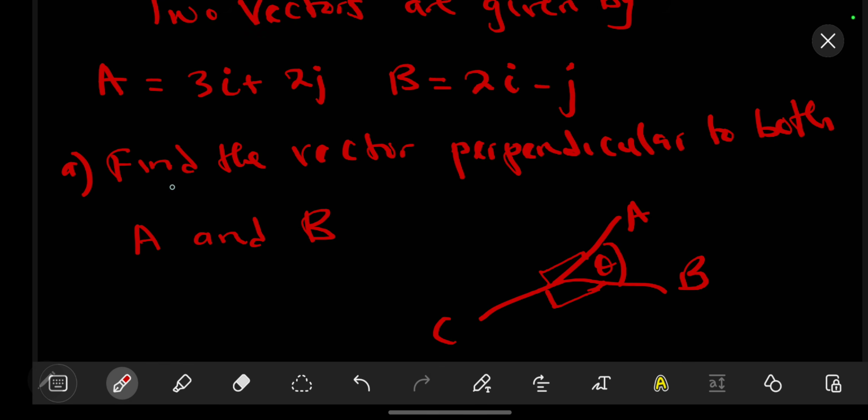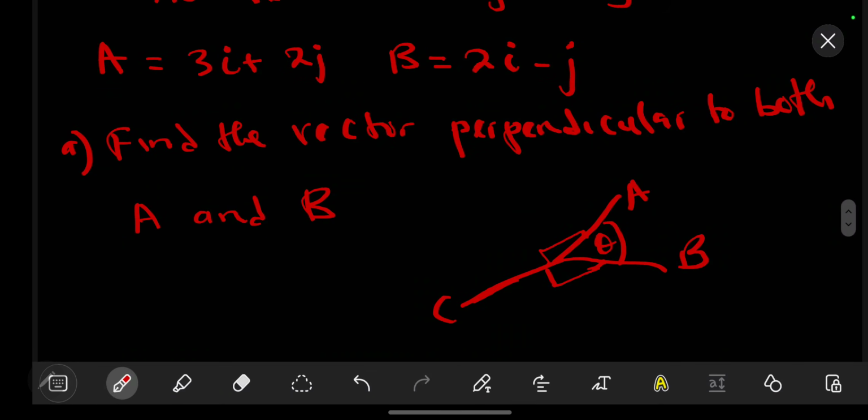So how do you do that? Find the vector perpendicular to both A and B means find the cross product. That's the meaning. I'm just exposing you to the language.